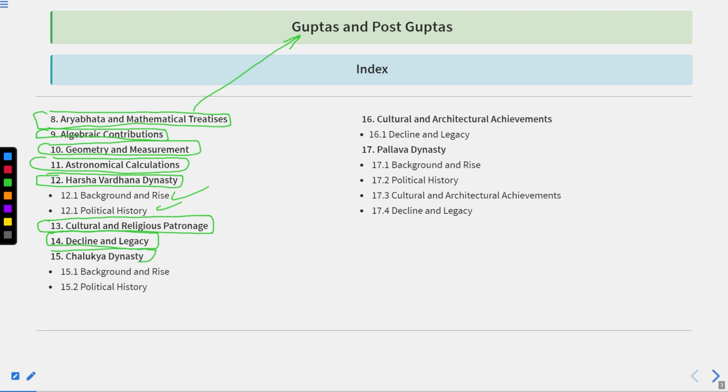Then, the Chalukya dynasty, in which we will discuss the background and rise, political history, cultural and architectural achievements, decline and legacy. And thereafter, we will discuss the Pallava dynasty, in which we will discuss the background and rise, political history, cultural and architectural achievements, and the decline and legacy. So these are all the topics that we are going to discuss in brief in this lecture.